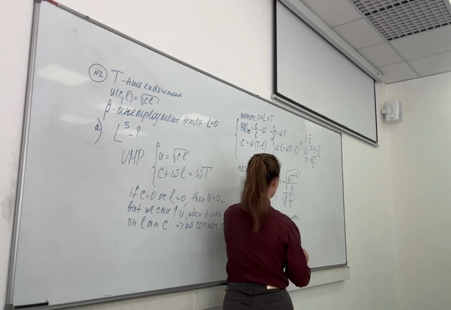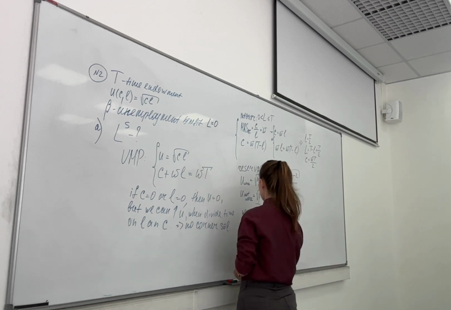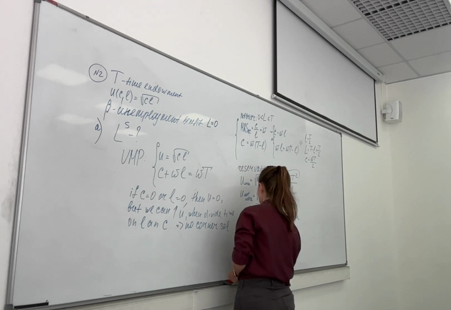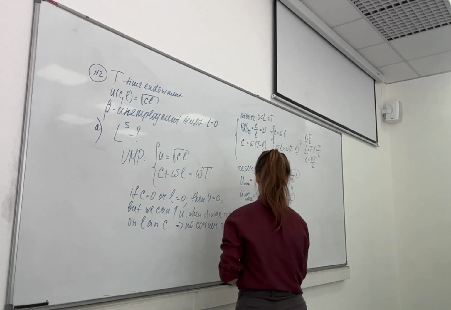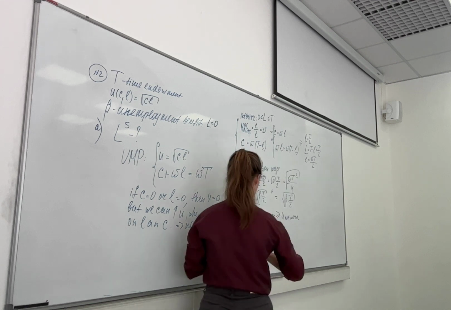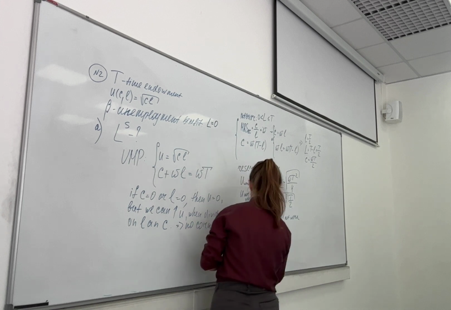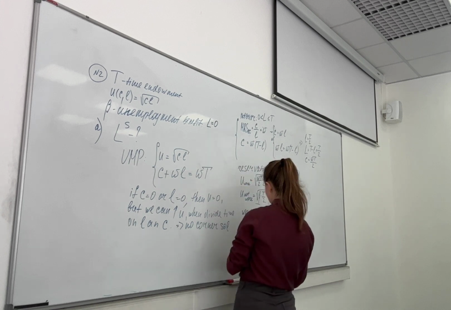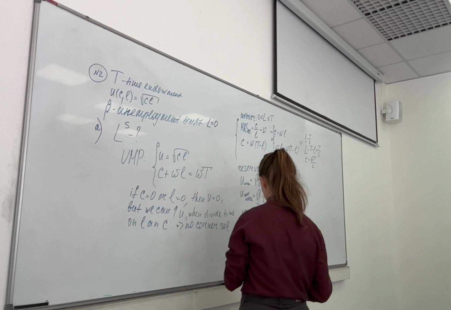So we can do it without square roots. Root t squared, 4 should be greater or equal than beta t over 2. So we can delete t here. Here we have 2.